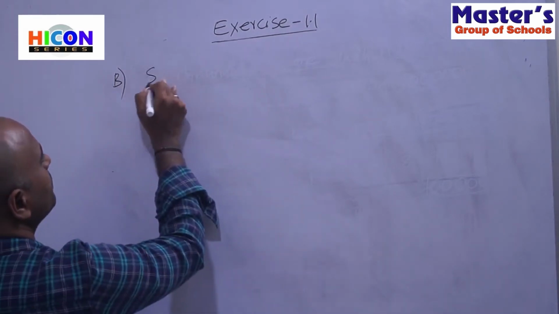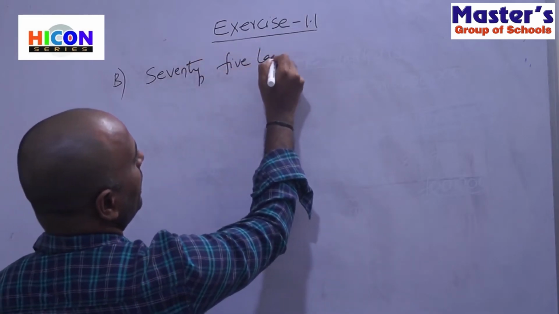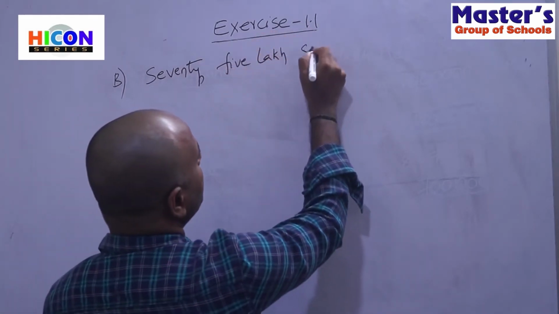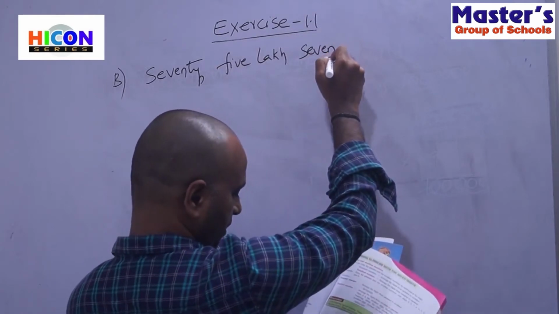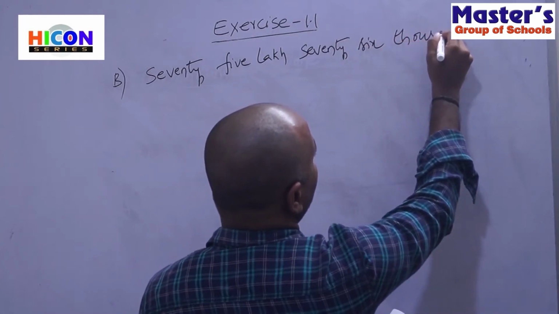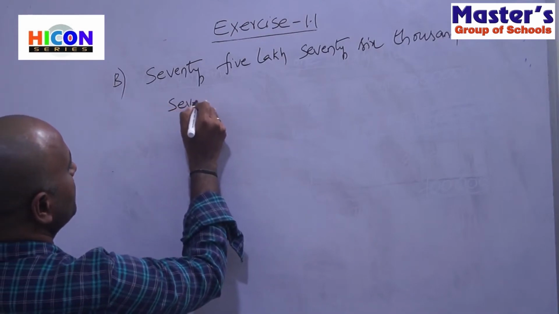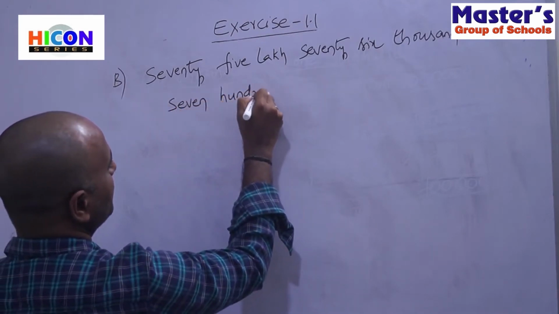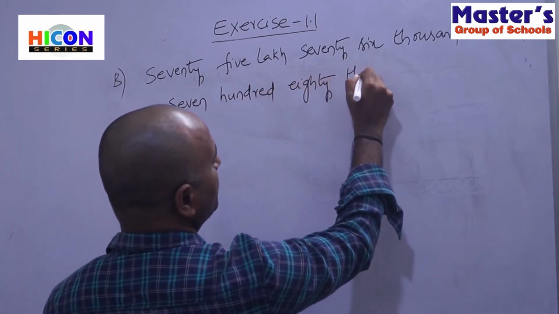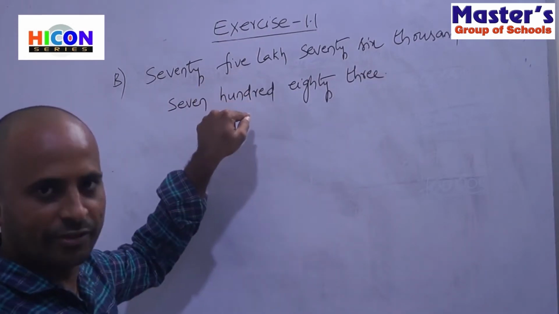75 lakh 6,000 76,783. So we have to write the figures for the given number name.